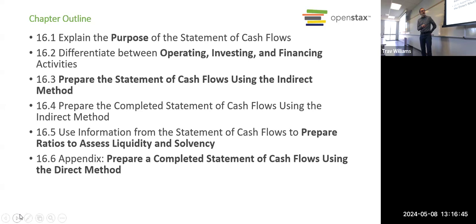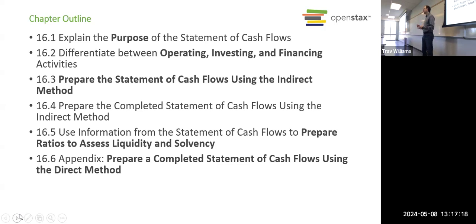So the operating section of the statement of cash flows can be created 2 different ways. There's the indirect method, which we will learn, and that's what we'll spend more time on. But there's also the direct method. We will spend a little bit of time on that one as well. They're both complex, and in practice, it's easier for accountants to use the indirect method.